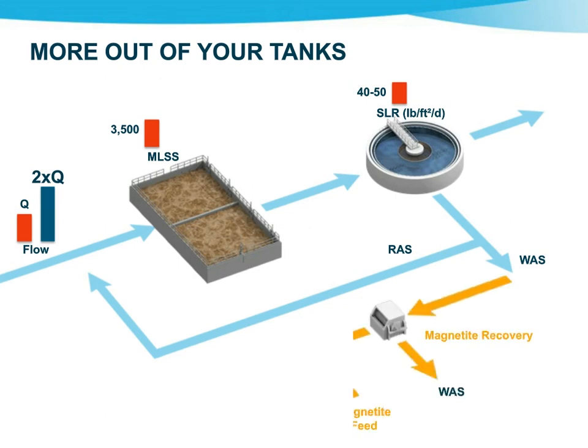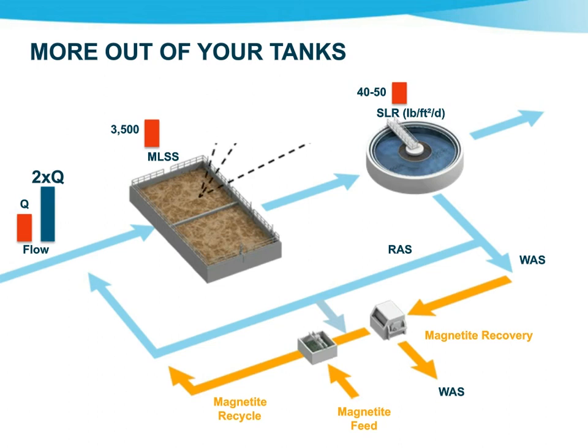And with the recovery system, I'm not adding any more tankage to the process. I'm ballasting those solids so they settle readily in a clarifier, increasing that loading on that clarifier to 100 to 120 pounds per day per square foot and still achieving less than 10 TSS and very low BOD, a high level of effluent quality off the back end.